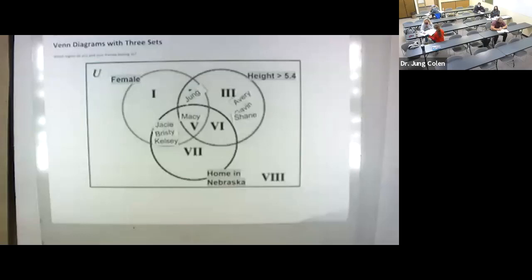Good? One last question for you. Because I think difference is a little bit tricky for us. Let me try this. That's the last one we're going to do today.